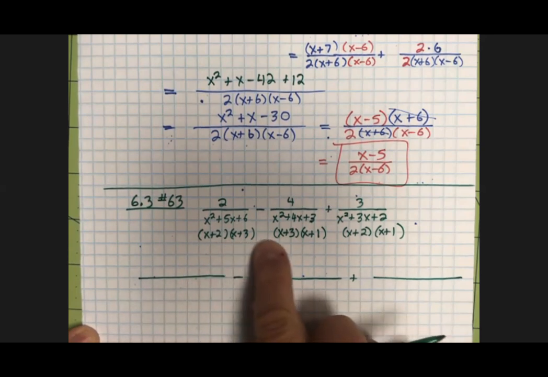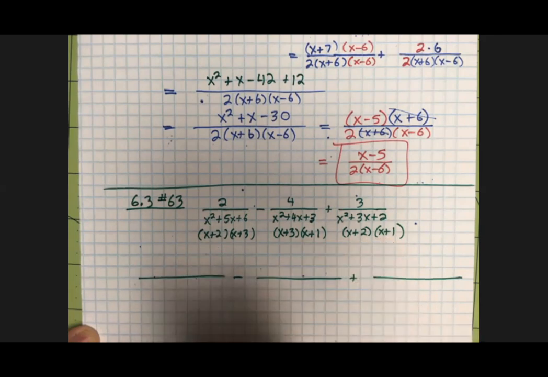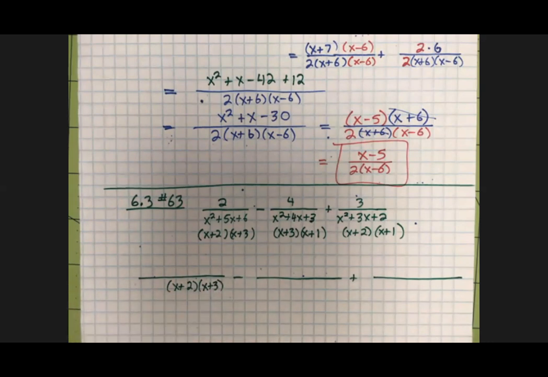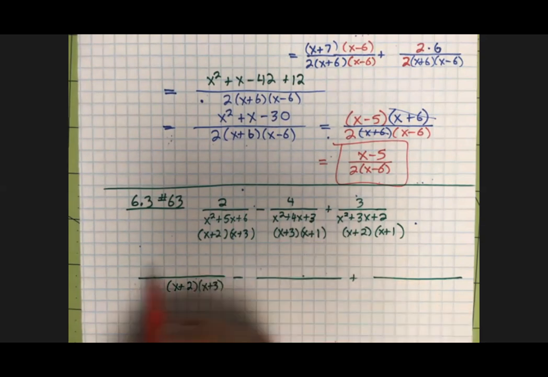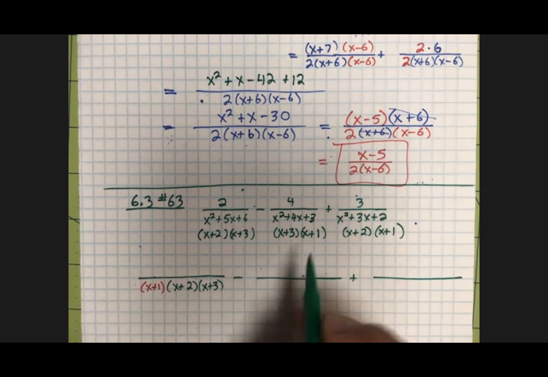When you look at all the factors, this first fraction needs an x plus 1. Now, when you look at the second fraction, you don't have to write them all in the same order.